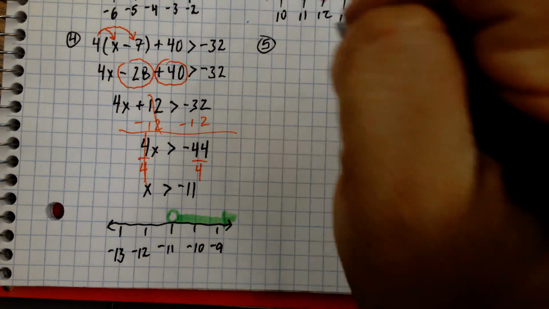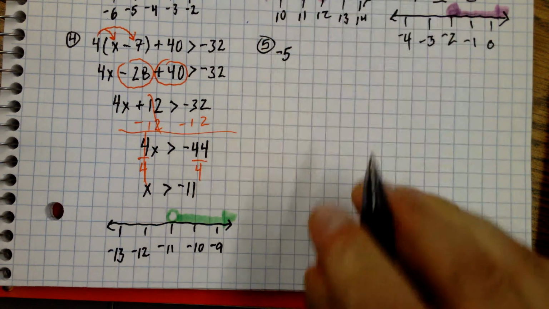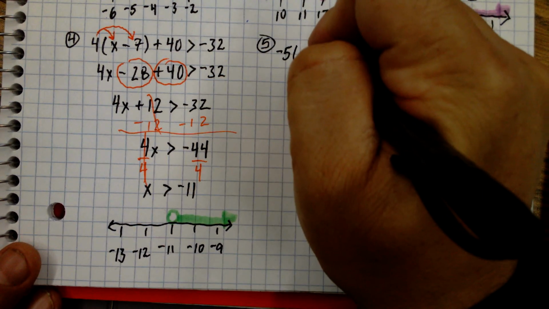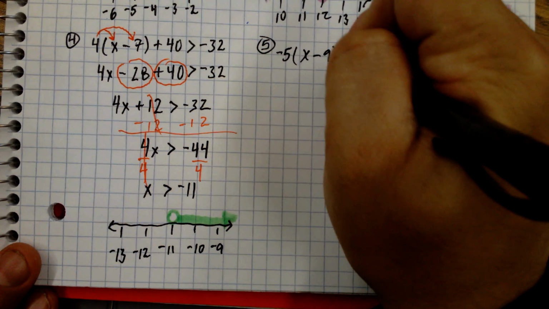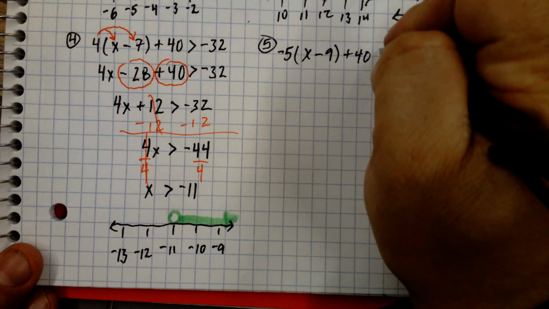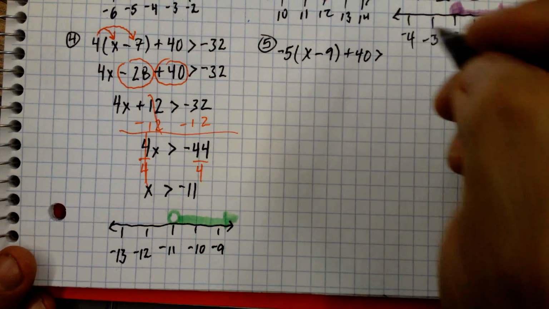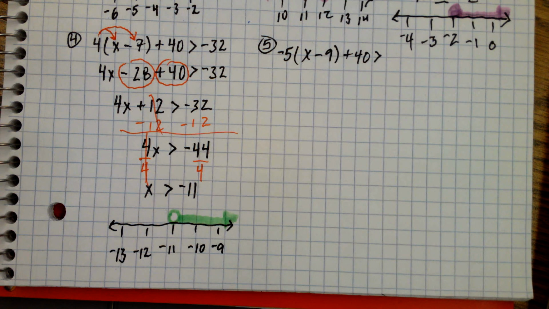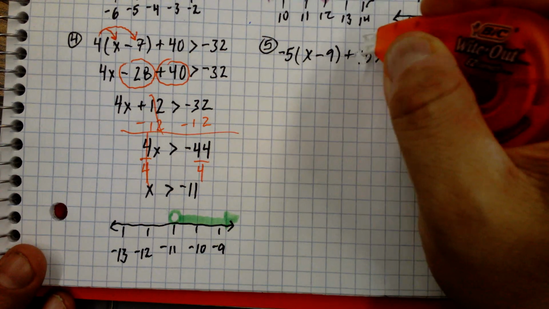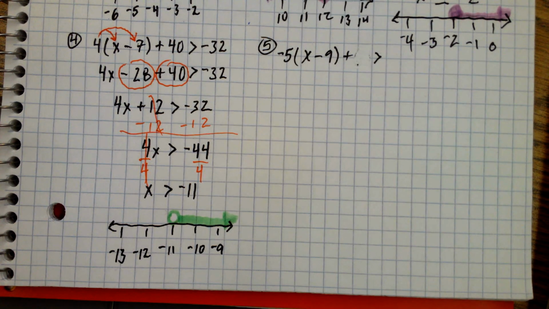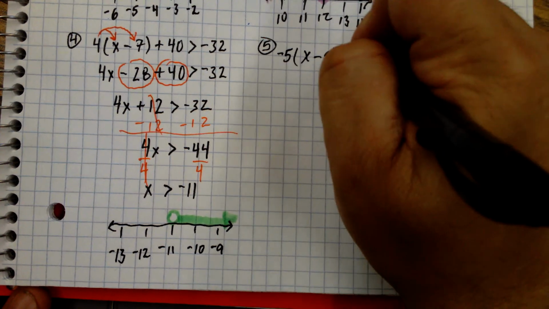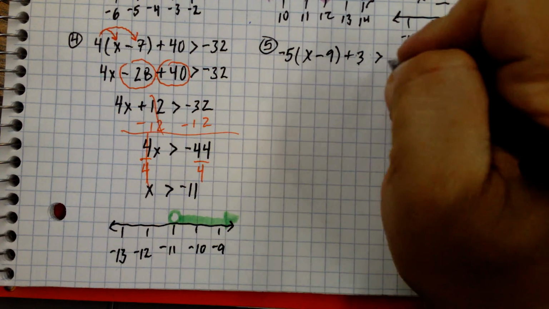So for number 5, let's do negative 5 times the quantity x minus 9 plus 40 is greater than, oh, my bad. I was copying part of the old problem. It's going to be plus 3 greater than or equal to 8.